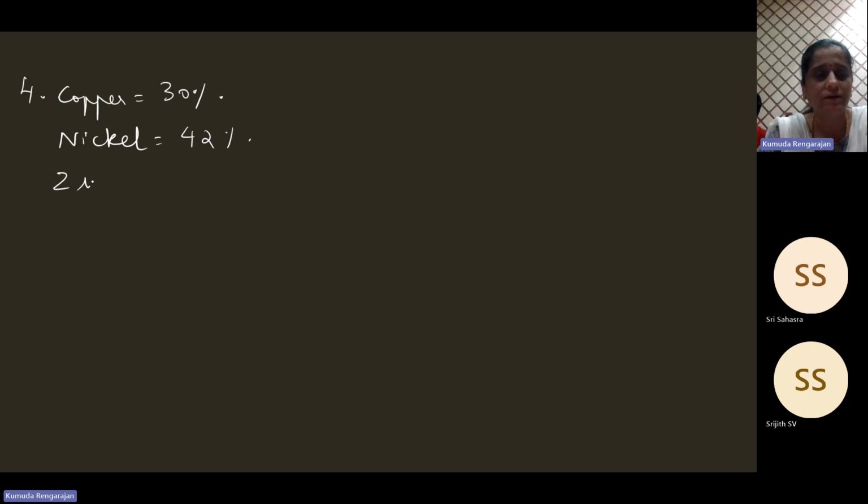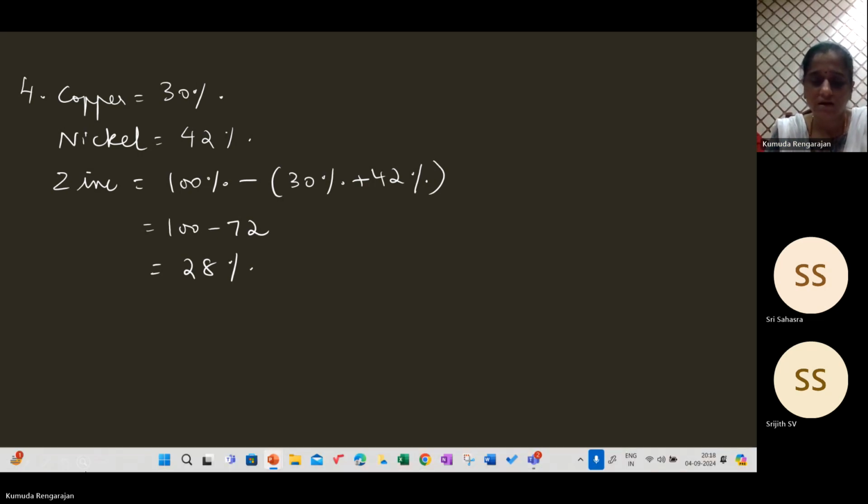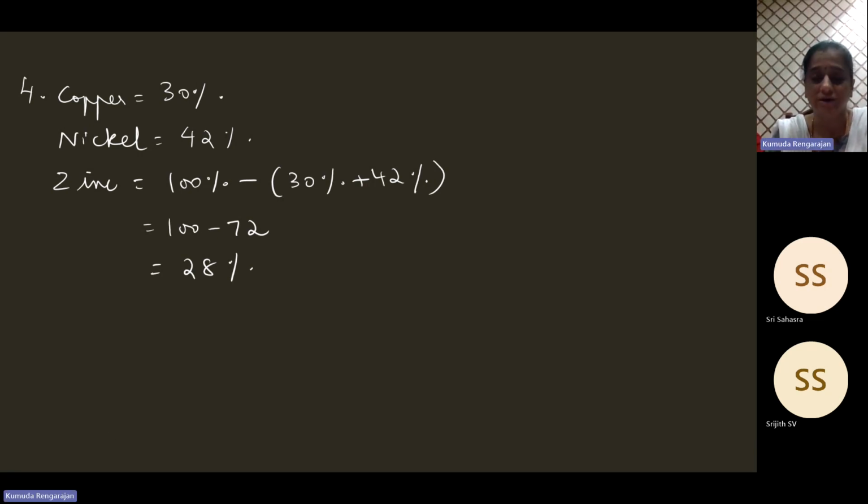So zinc will be 100% minus 30% plus 42%. Correct. So it is 100 minus 72, which is 28%. So 28% is nickel. Oh, zinc, sorry. 28% is zinc.